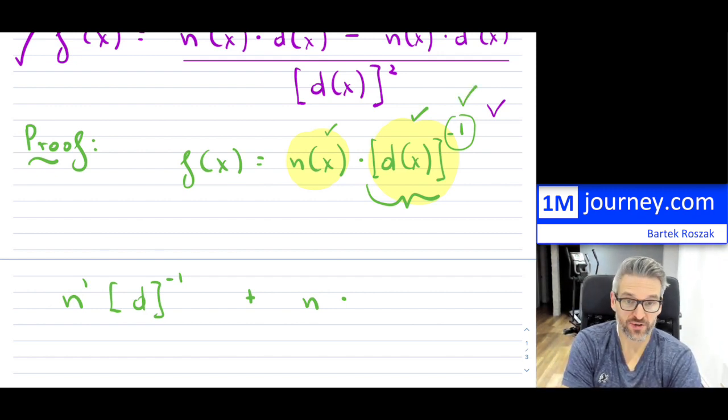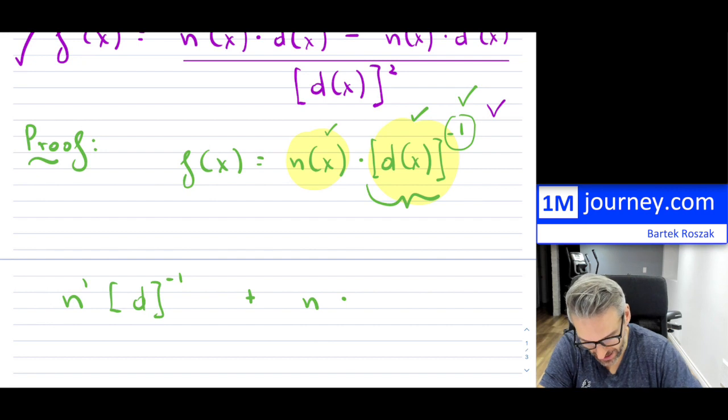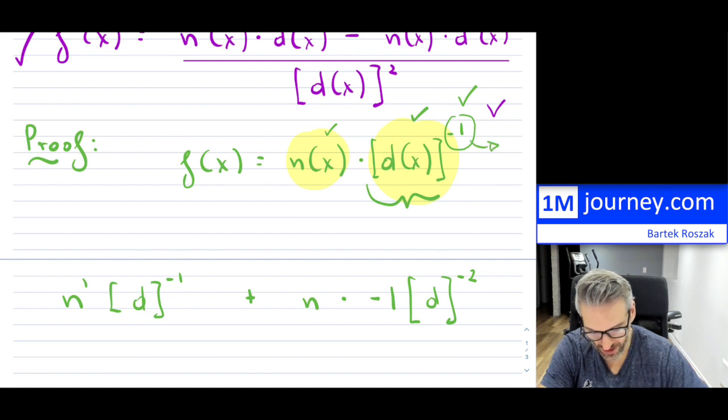So the chain rule with respect to an exponent is rather simple. We just take and bring down the exponent. So that's going to be -1 multiplied by d. Maybe I'll just keep the d as I said. This is going to be to the -2 because we're subtracting 1 from here.